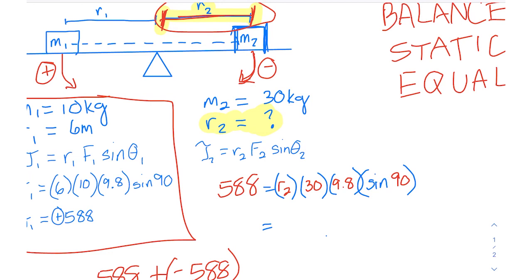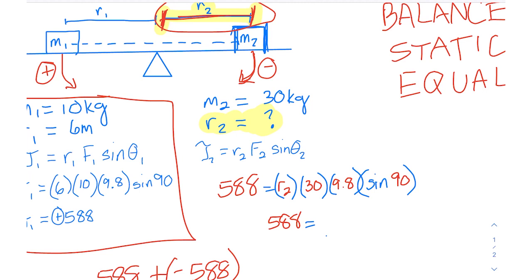When we do that calculation, to simplify a little bit, I'm going to move this over a touch, but we'd have 588, and then we have 30 times 9.8 times sine of 90.